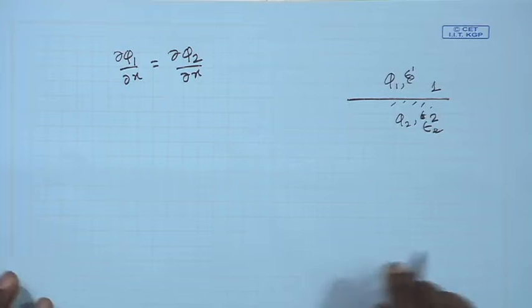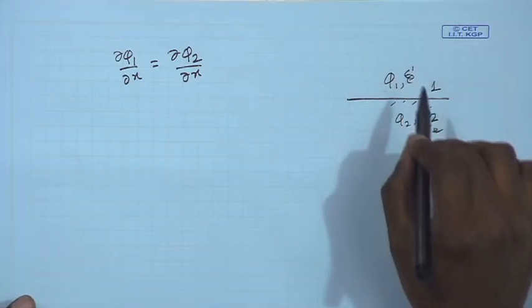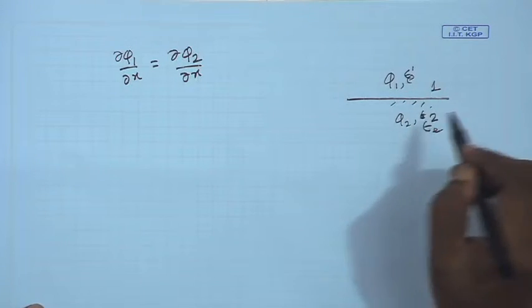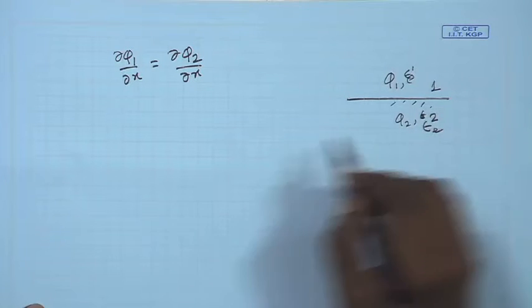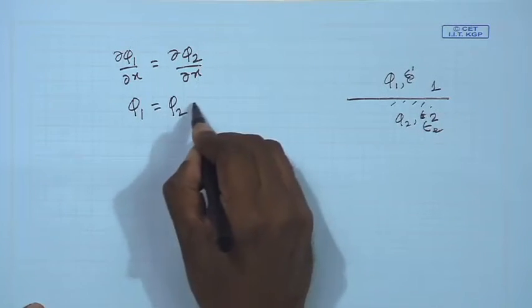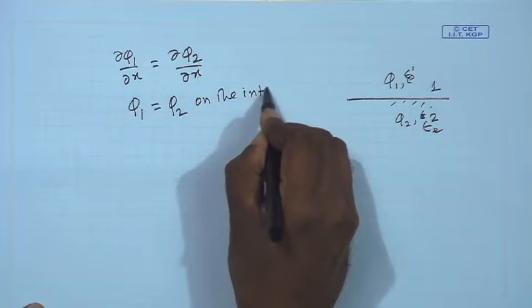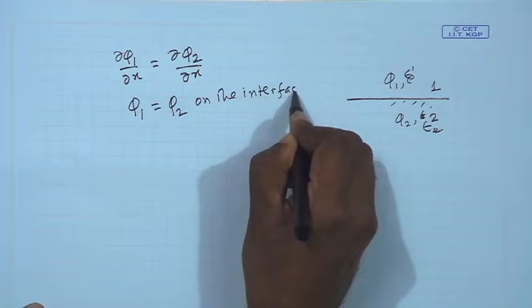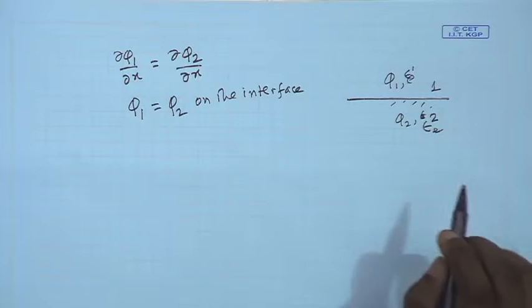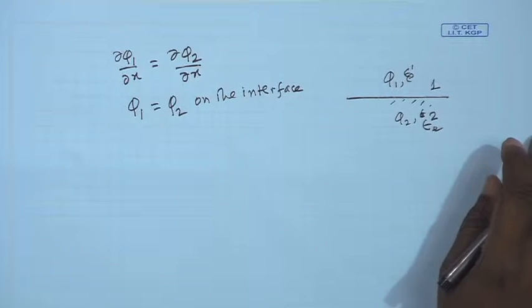Now, if I integrate this equation from an equilibrium position, where phi 1 is a constant and phi 2 is a constant, one can write phi 1 equal to phi 2 on the interface. This shows that the electric potential is continuous on the interface.